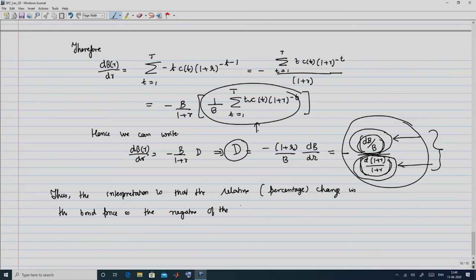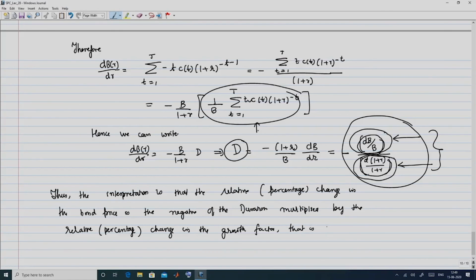If we just look at dB over B, this is going to be minus D, the negative of the duration, multiplied by the relative or percentage change in the growth factor, that is 1 plus the yield to maturity.